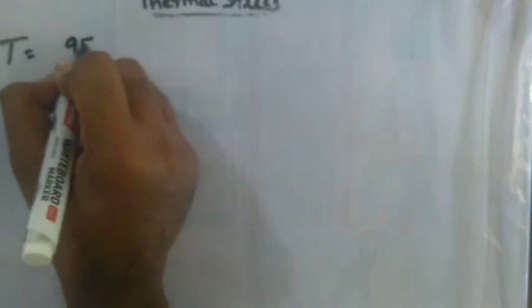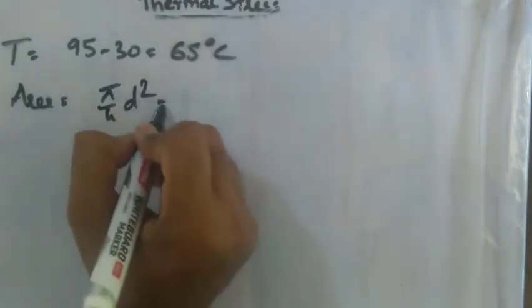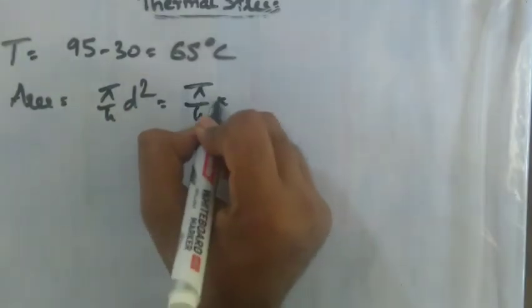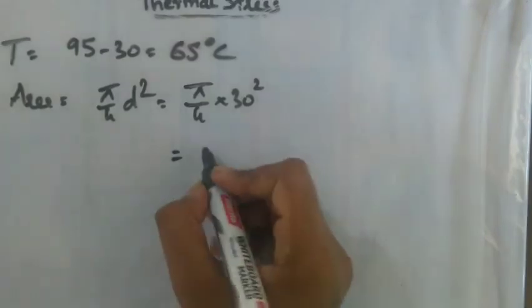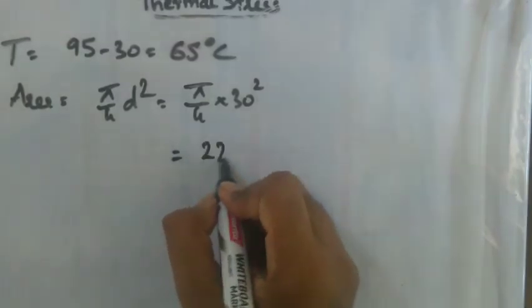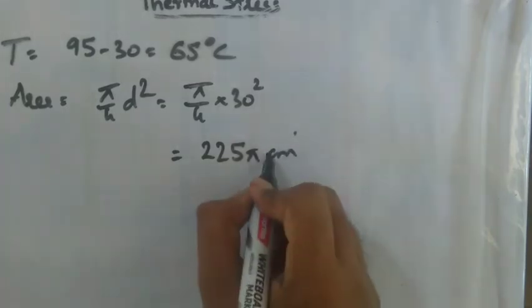First, the change in temperature is 95 minus 30, which is equal to 65 degrees centigrade. Area is equal to pi by 4 d square. The diameter is given as 3 centimeter, so we'll take it in mm as 30 mm, and we get 225 pi mm square.